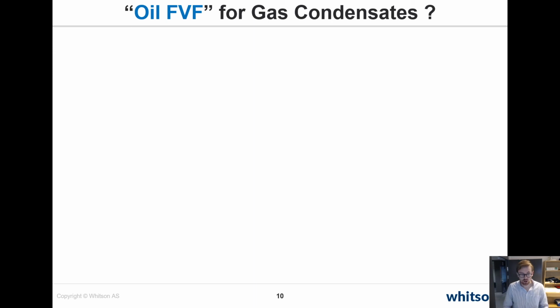If you wanted a consistent way of mapping, for instance, formation volume factors for both phases, you can define a so-called oil formation volume factor for gas condensates. We call it kind of the geologist's B_oi for gas condensate reservoirs.